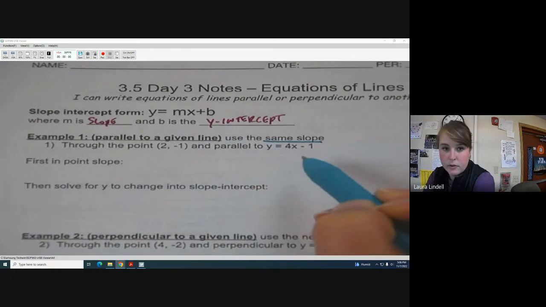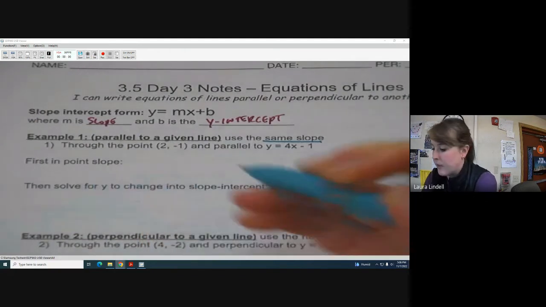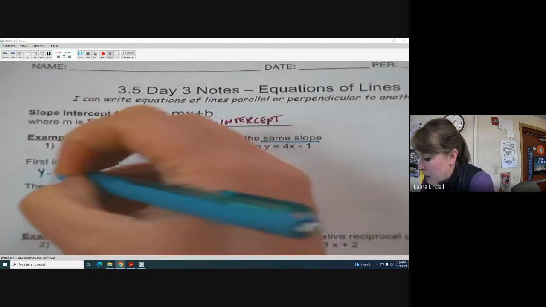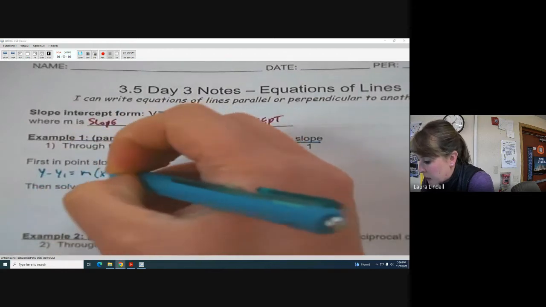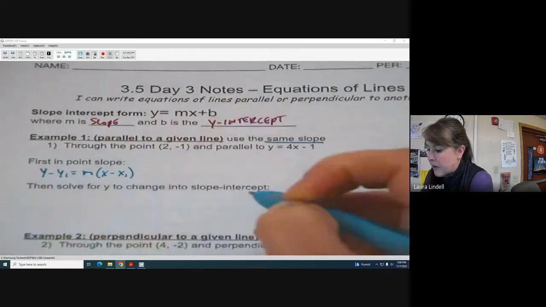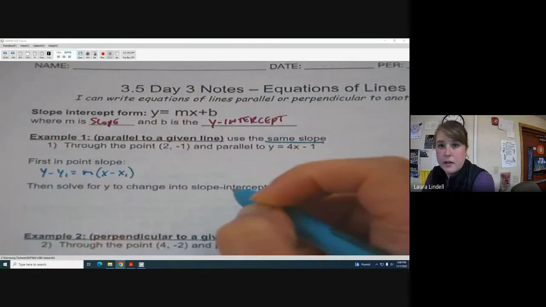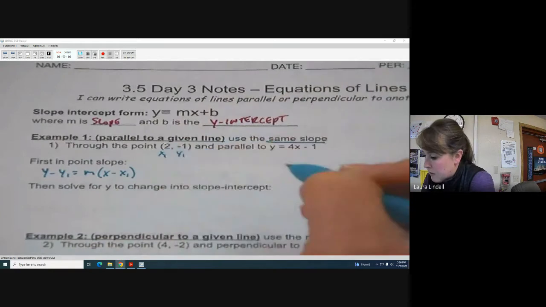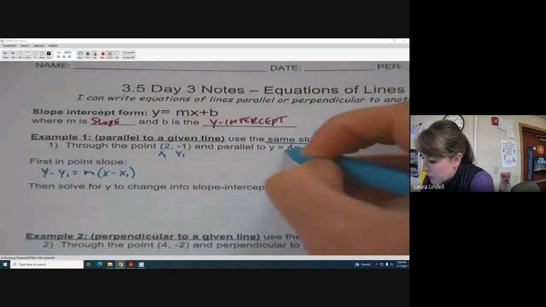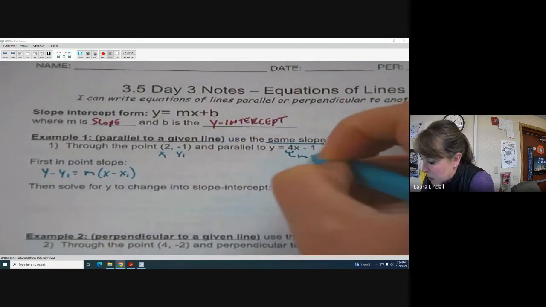So we're going to start with point slope from last week. So we're going to go y minus y1 equals m times x minus x1. That's what we're going to start with. So we have our x1, y1, because that's our coordinates. And then we have our slope from over here. M is 4.